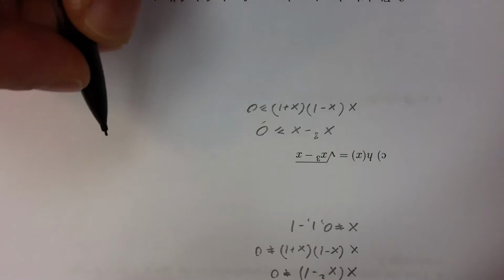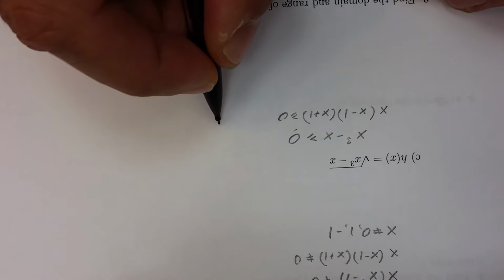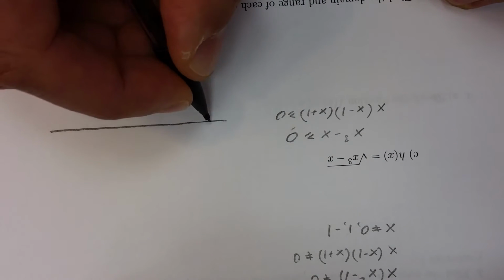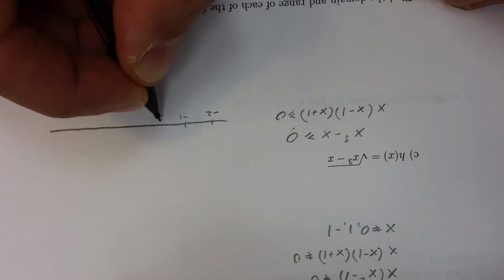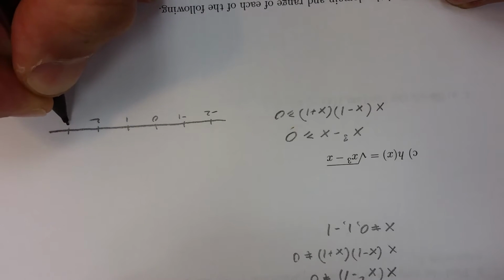To do this, we're of course going to create a sign chart. We could do it by algebra, but that would be a lot more work. So we'll just make a sign chart. So let's see. Minus 2, minus 1, 0, 1, 2, 3.